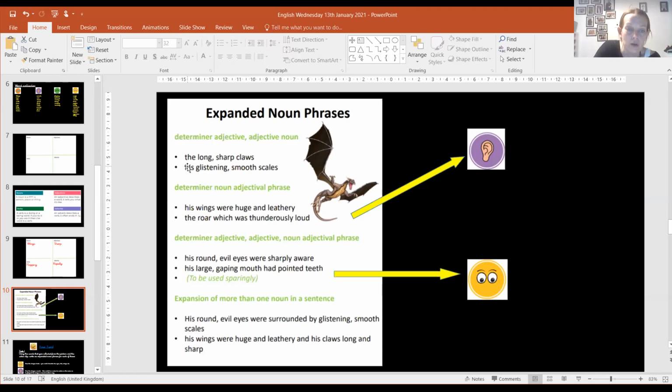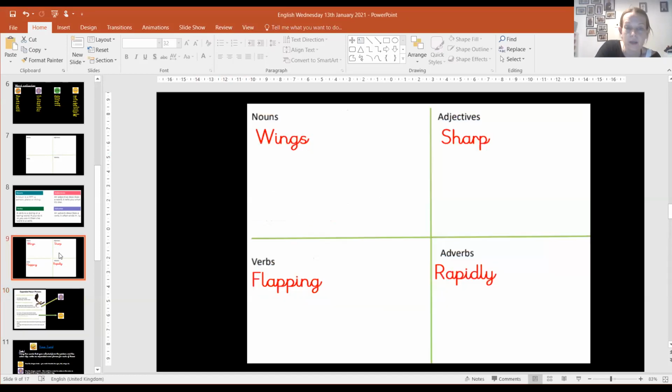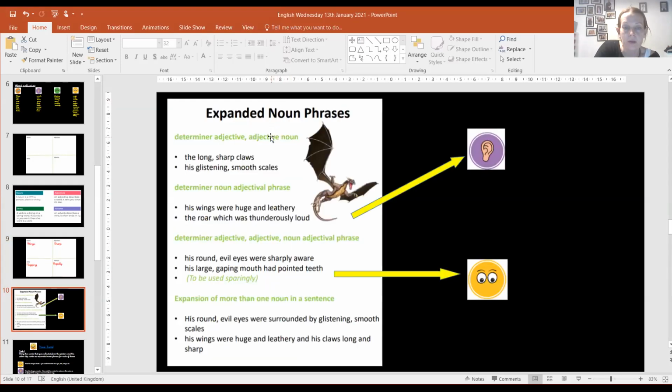So you've got the long, sharp claws: determiner, adjective, noun. Because you've now got your words in boxes, you can just use this to help you put together your expanded noun phrases quickly and easily.